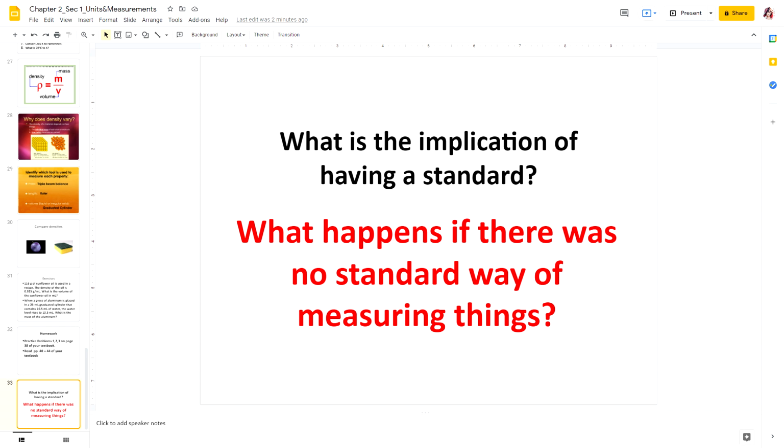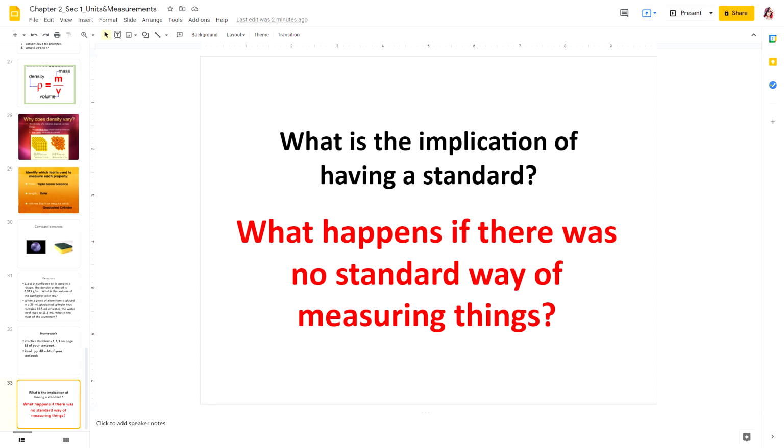Like when you go to the market and there is no standard for a kilogram, and everyone would have a different way of measuring a kilogram, then it's definitely going to be chaotic.